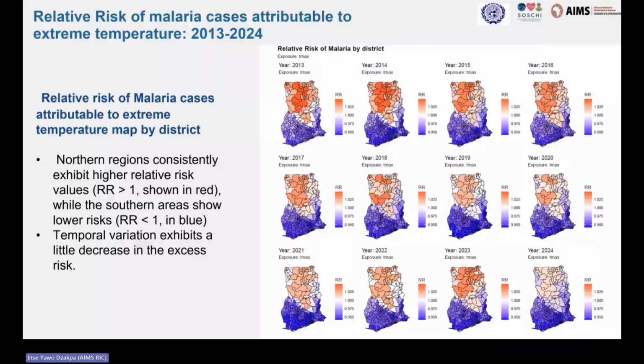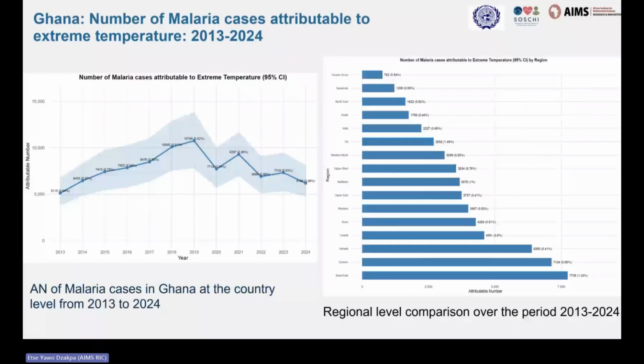So now we are going to look at those statistics, starting with the attributable number. The attributable number helps us to get the excess cases, among the observed cases, that are attributable to extreme temperature. Here we can observe that those numbers are increasing.